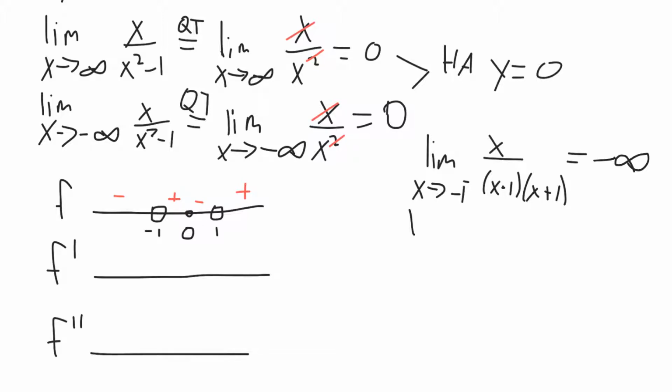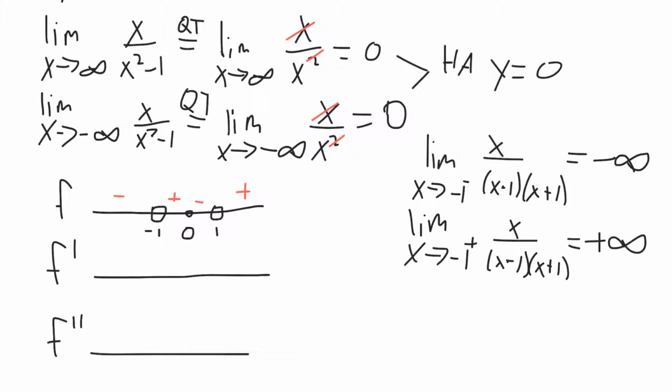The same logic will apply for all the other limits we need to investigate. So the limit as x approaches negative 1 from the right of x over (x minus 1)(x plus 1) will now equal positive infinity. And so this here is going to be our first vertical asymptote at x equals negative 1.